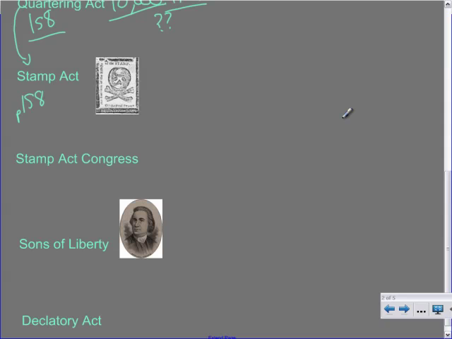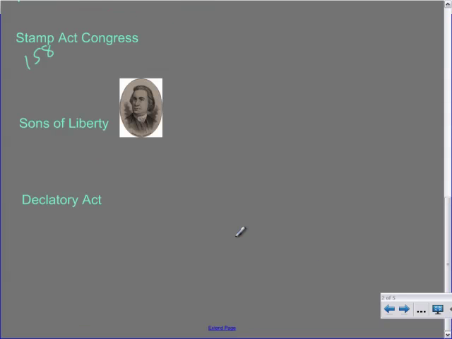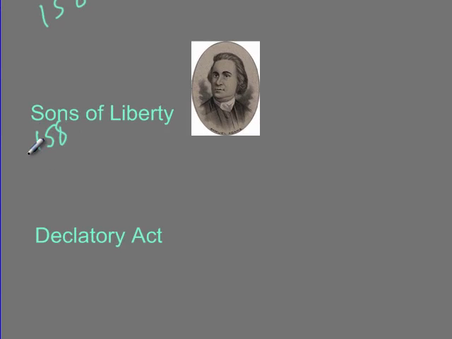A part of the population in America starts forming formal protests and trying to go about this reasonably. They form the Stamp Act Congress, and you can look at that also on page 158. Other groups were formed, secret groups like the Sons of Liberty, and that is on page 158 as well.